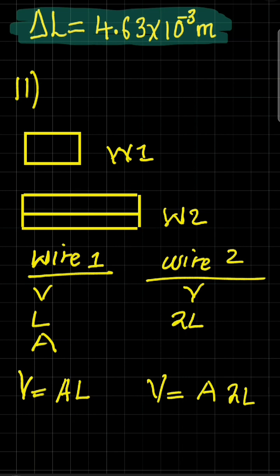They would only be equal if we reduced the area by half, because once we do that, this 2 and that 2 can cancel, and then the volume will be equal to AL. Okay, then those two will be equal right there. I hope that makes sense.